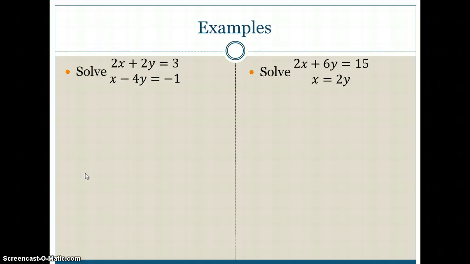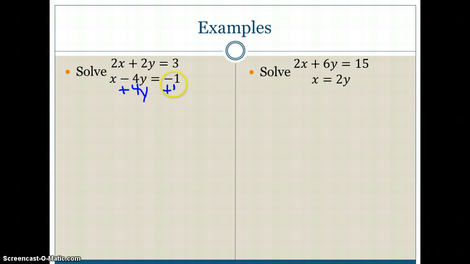We'll take a look at these. Not going to go through the step-by-step explanation so much, as we are going to go through and solve them as you would if you saw these maybe tomorrow during class as practice. So if we take a look here on the left, in this one we only have one variable that has a coefficient of 1, and that's this x here, so we're going to need to solve for it.